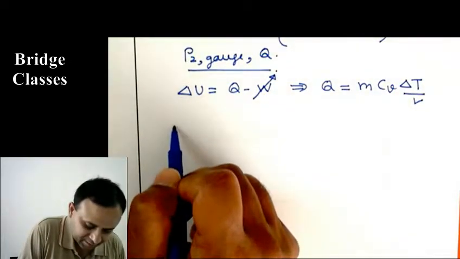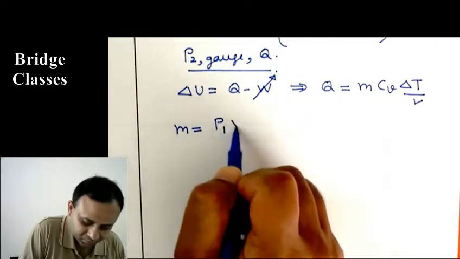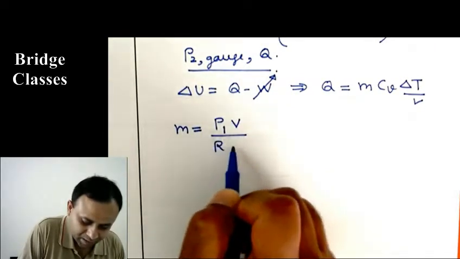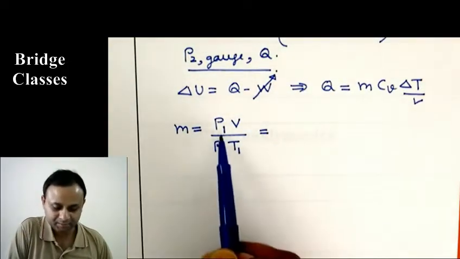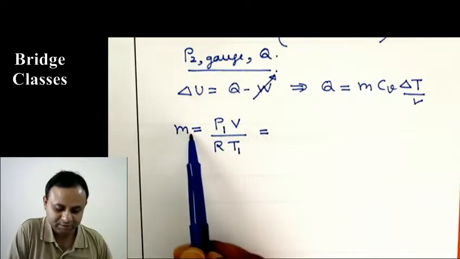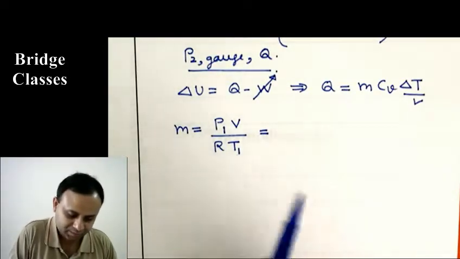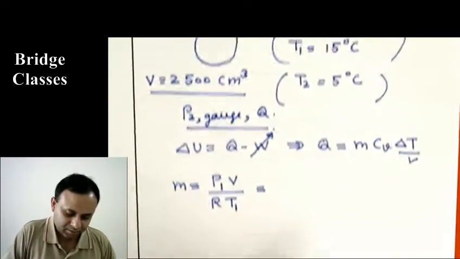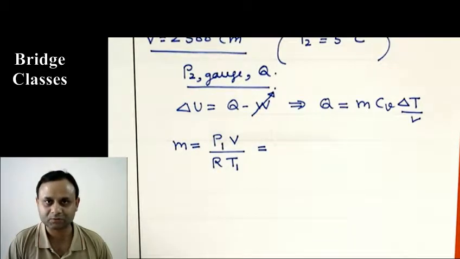So based on the ideal gas law, m will be P1 V over R T1. I'm evaluating at state 1, and because V is constant, m is constant. Now substitute numbers. In this equation, the pressure has to be absolute pressure, not gauge pressure.